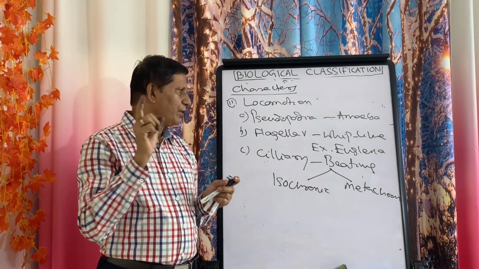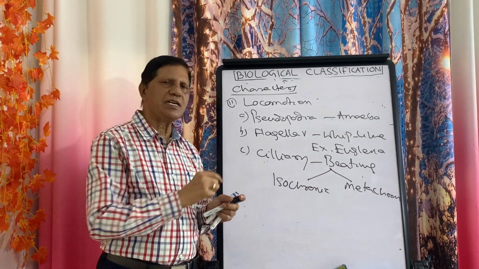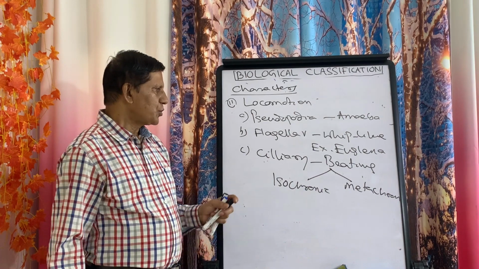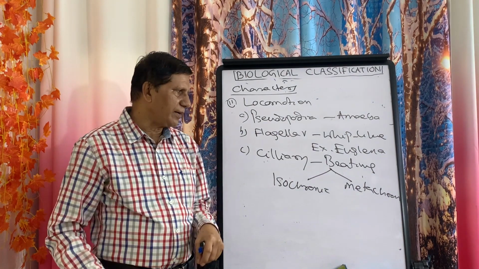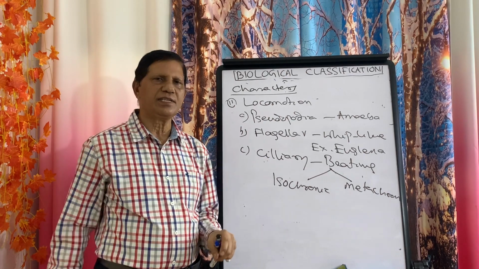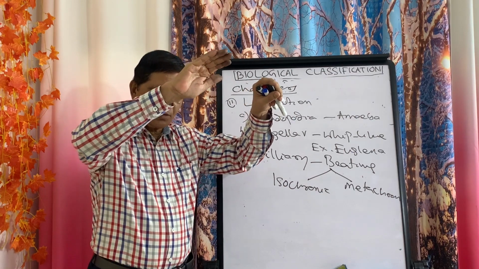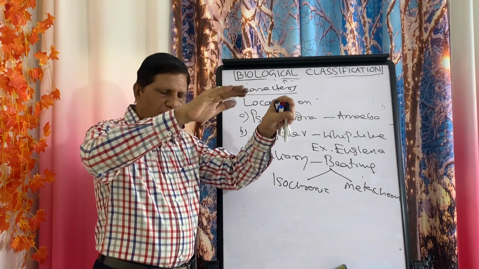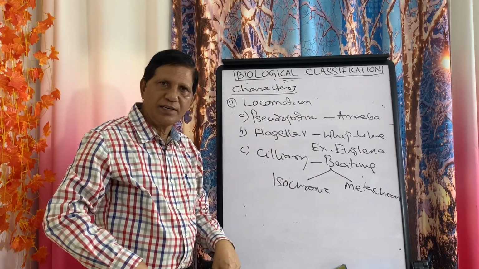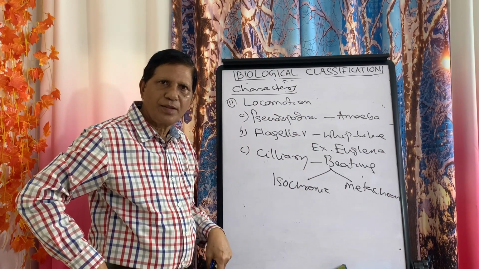Usually, in the case of flagella, there is either one or two, but in the case of cilia, there are more, maybe in hundreds. So they have a beating movement, which may be iso. Suppose there are 100 cilia there, and all of them, because they are aquatic, will push the water in one direction simultaneously. That is why iso. Simultaneously they will push it.